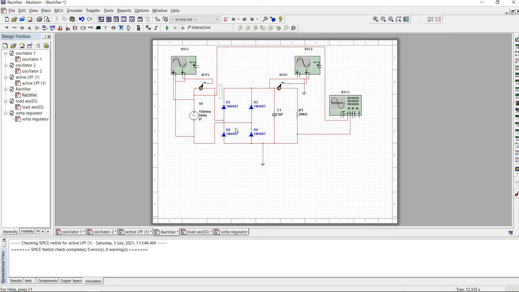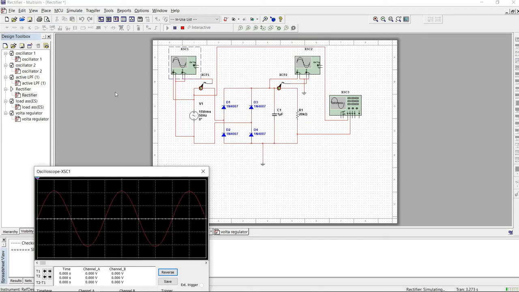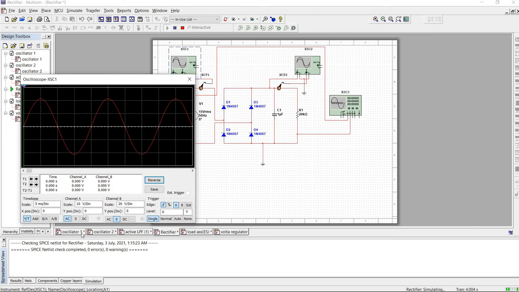So I use 1N4007 components as my full bridge rectifier. So I show my output for the first oscilloscope.